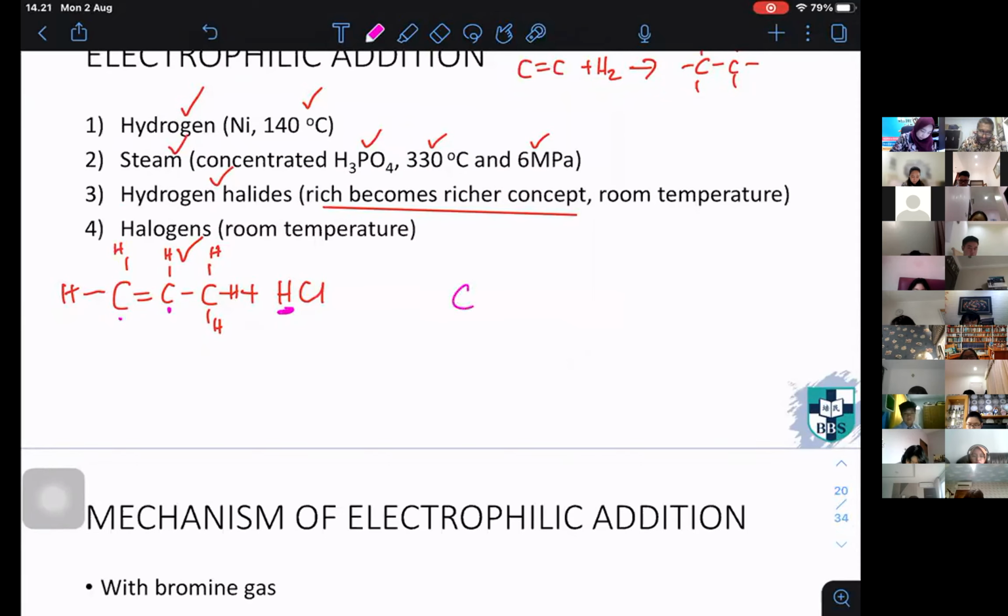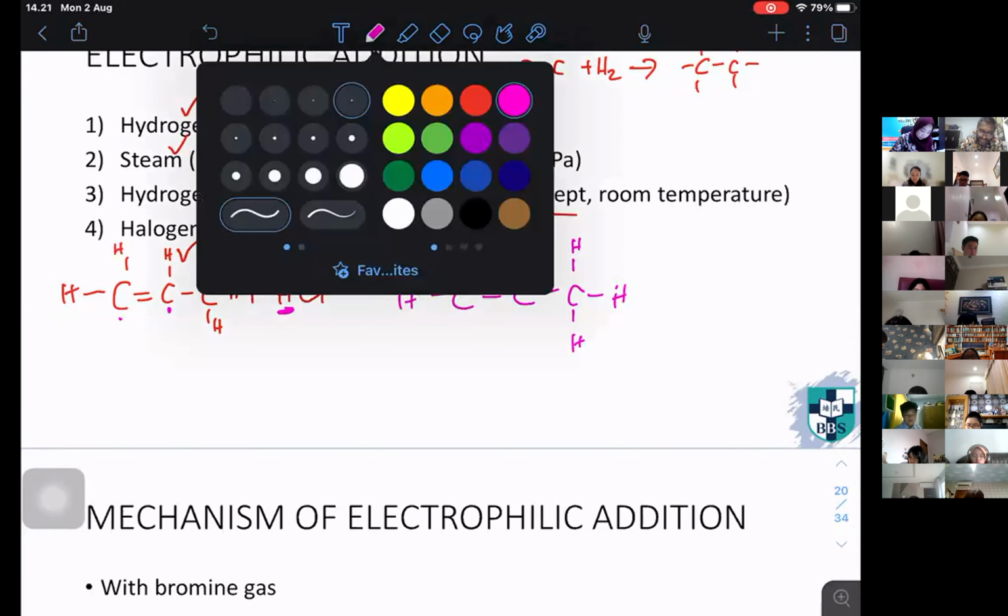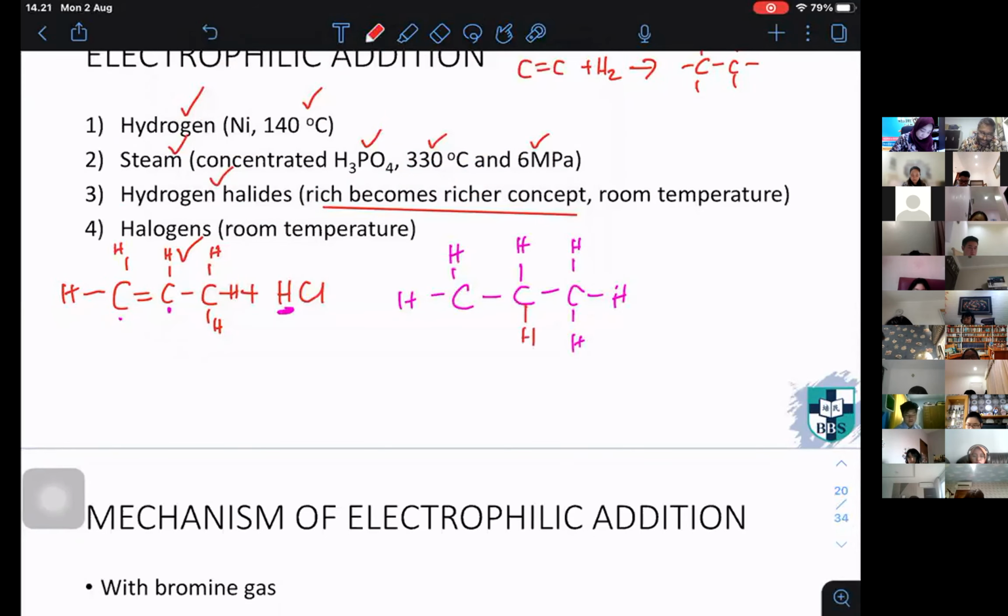If I rewrite this again, you might have a situation where hydrogen comes here and Cl comes here, or hydrogen comes here and Cl comes over here. You will have a mixture of products, but one is going to be the major product. Why? Rich becomes richer: hydrogen will go to the carbon that has the most hydrogen.